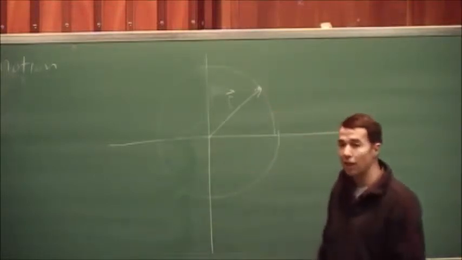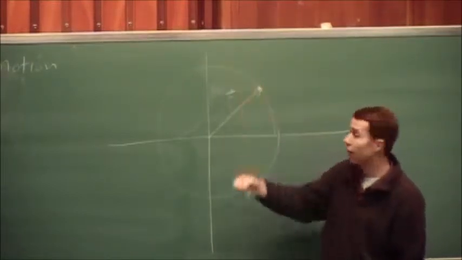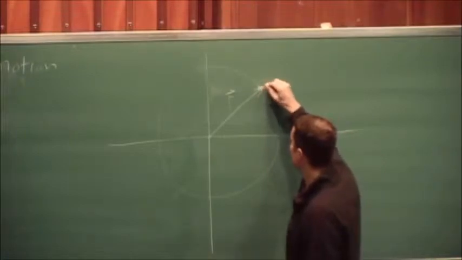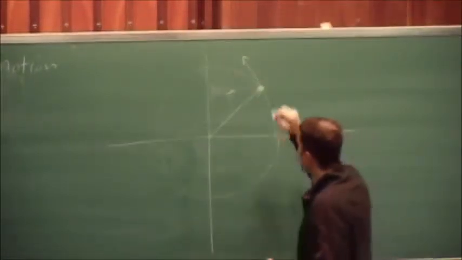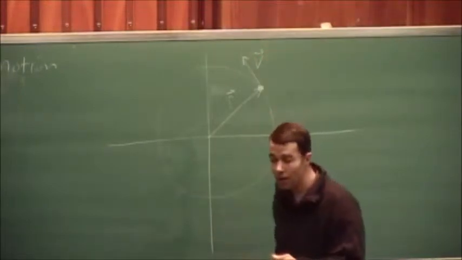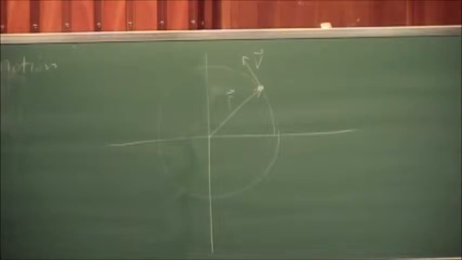Now, which direction is the velocity? Well, it can be this way or it can be this way. For the sake of this class, we're just going to assume it's this way. Now, what do we know about the angle between the radius vector, or this displacement vector relative to the origin, and the velocity vector?